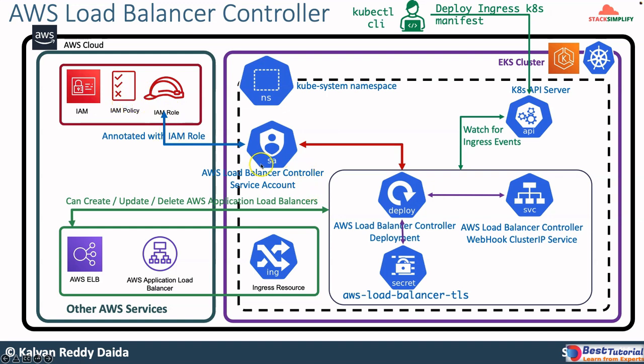Based on those IAM policies, this load balancer controller will use the service account and the token generated, and using the token it can authenticate against the services allowed by this IAM policy, and then create, update and delete those application load balancers. So this much linking is present internally.